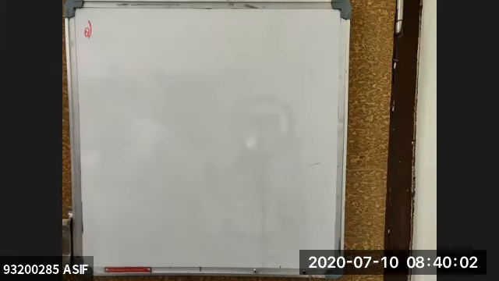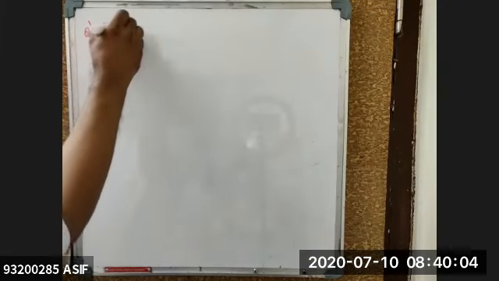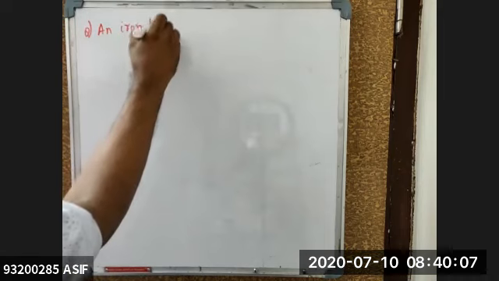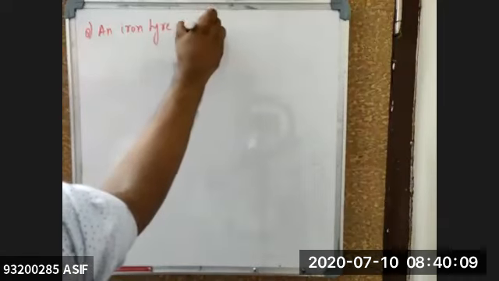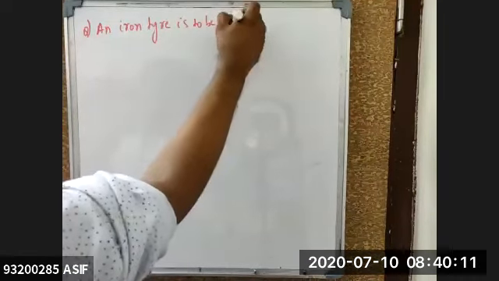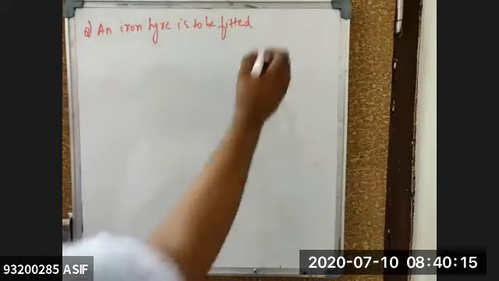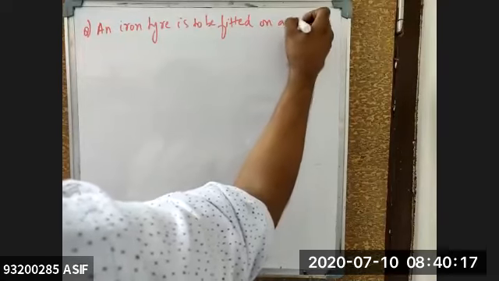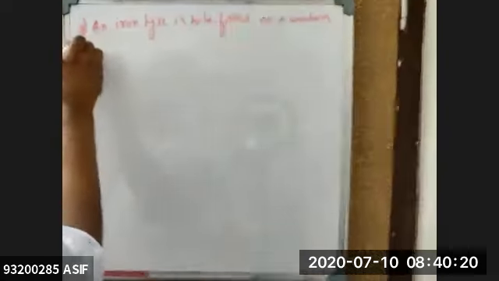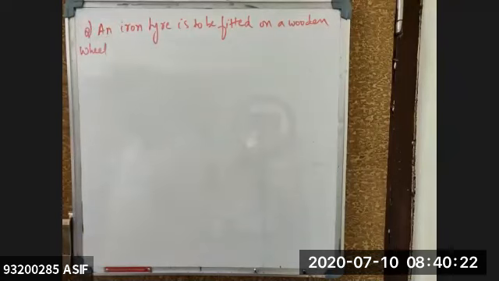An iron tire is to be fitted on a wooden wheel, 1 meter in diameter.